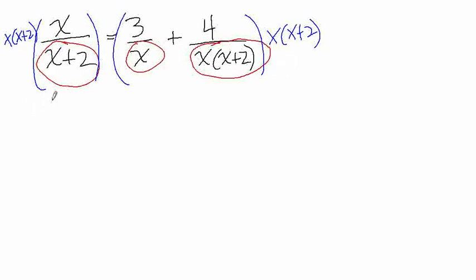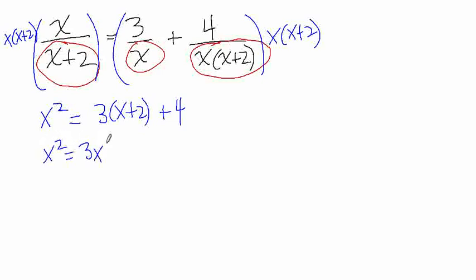And so I get x squared on the left side, and on the right side I get 3 times x plus 2, and then I get just 4. Now let me distribute the product I have there. 3x plus 6 plus 4.